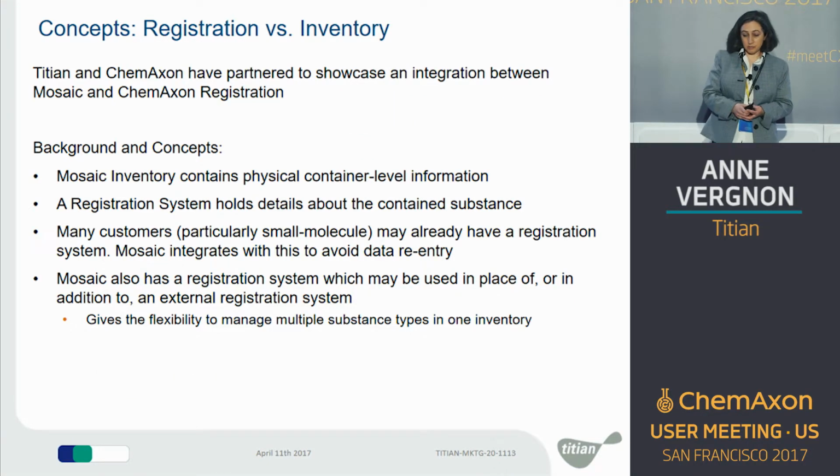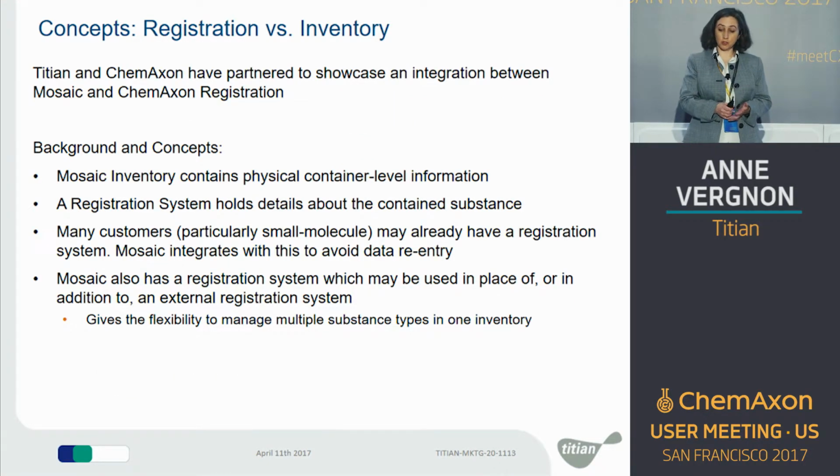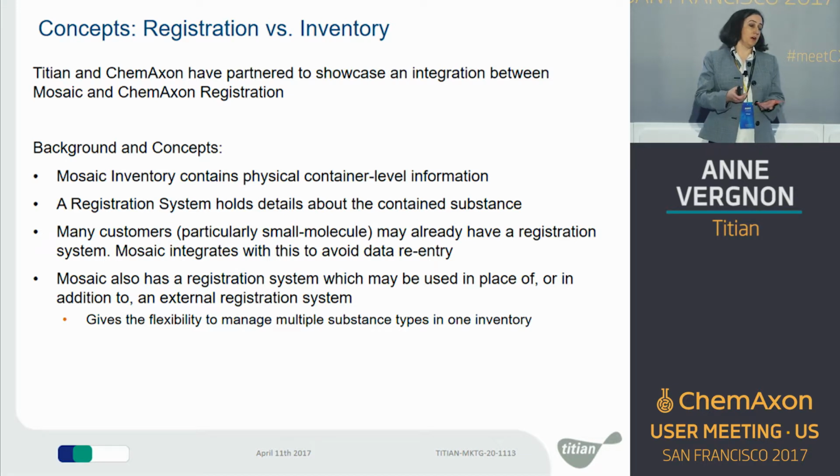Titian and ChemAxon have partnered to showcase an integration between our software Mosaic and the ChemAxon registration. Before I give you a little demo, I wanted to first talk about concepts and background. Inventory is really about tracking physical container-level information: amount, concentration, labware type.